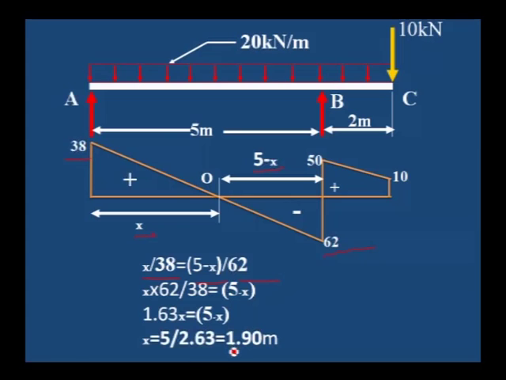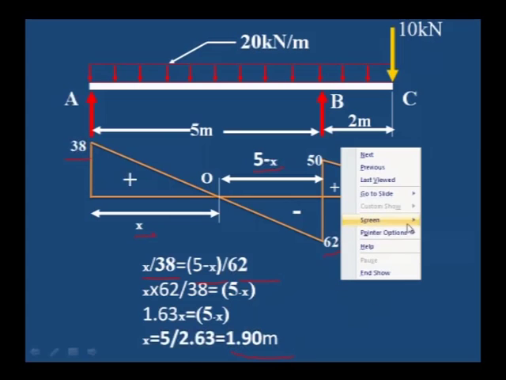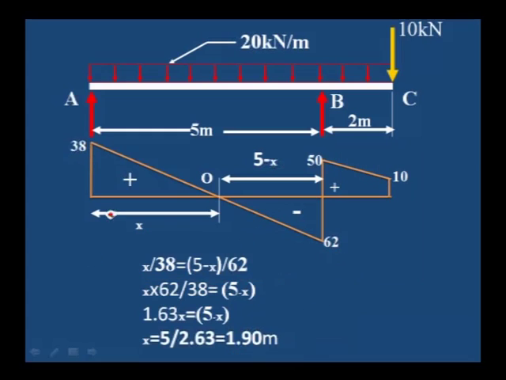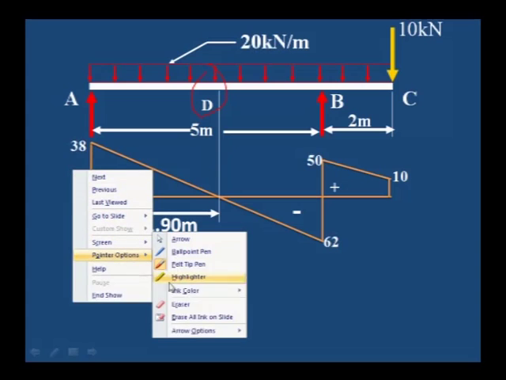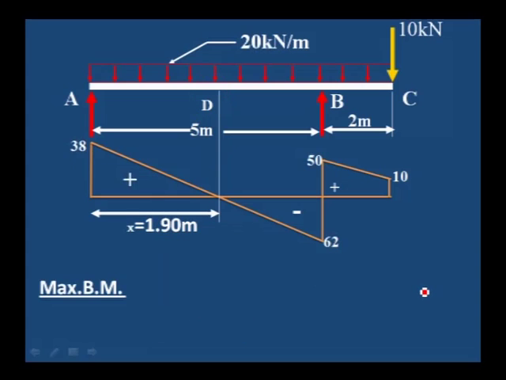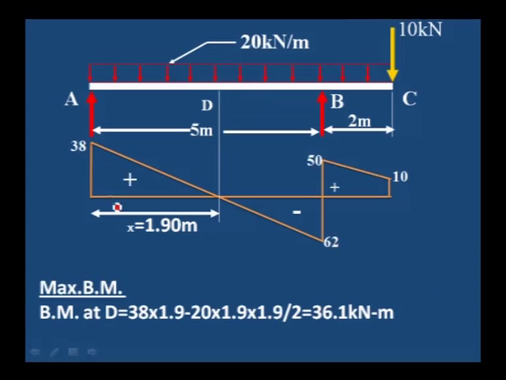We get the x value as 1.90, 1.90 from the A point where shear force is 0. We can call this point the D point, at a distance of 1.9 meter from A. To calculate the maximum bending moment which occurs at D, 38 into the distance from A to D, 1.9, which is the clockwise moment.